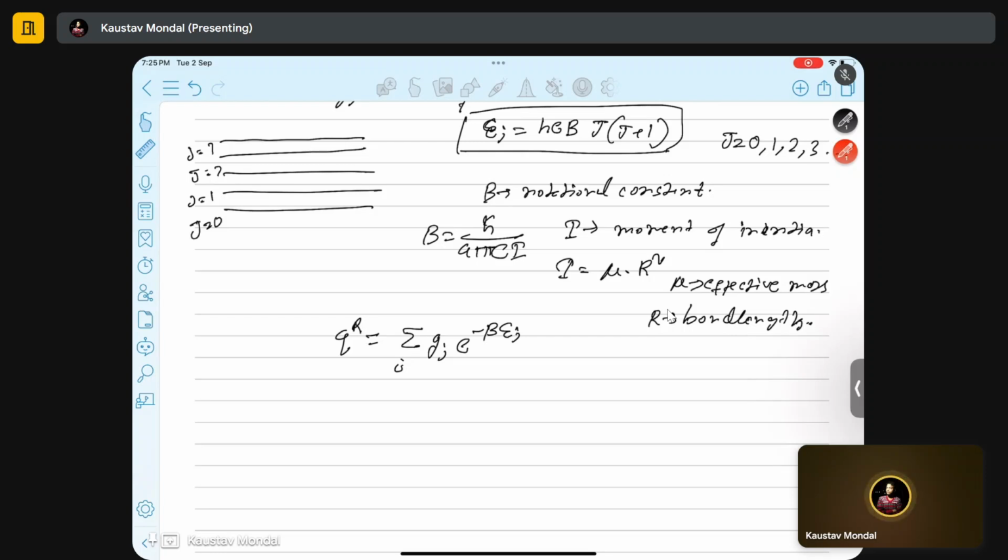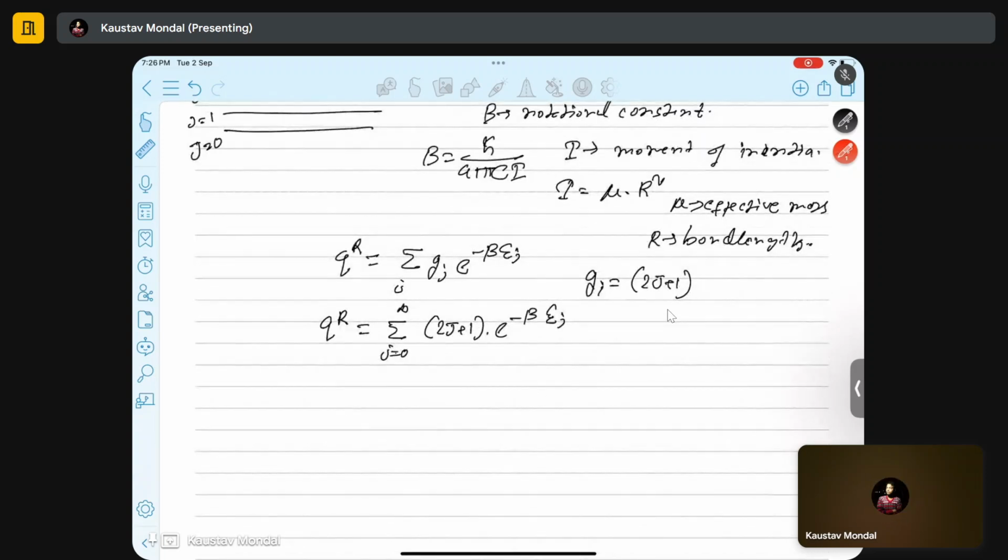So the degeneracy number is denoted by g_J. The expression of g_J looks like this: g_J is equal to 2J plus 1. So QR equals the summation over J equal to 0 to infinity of g_J, which is simply 2J plus 1, into e to the power minus beta E_J.